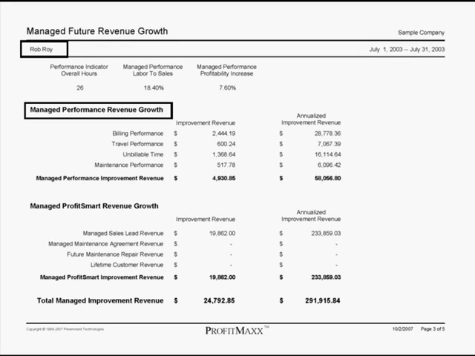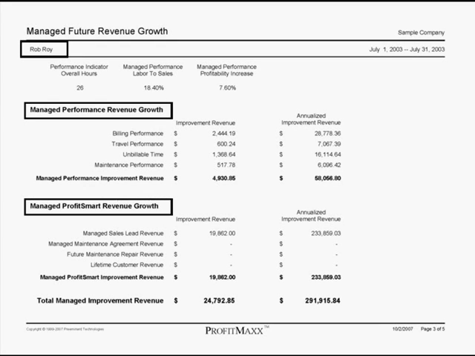For the year, that totals out to $16,114. And for managed performance, $517 for the month and $6,096 for the year. So our total managed performance improvement revenue for Rob Roy was $4,930 for the month and $58,056 for the year. Again, $10,000 here, $10,000 there, and pretty soon we're talking about some real profitability, aren't we?